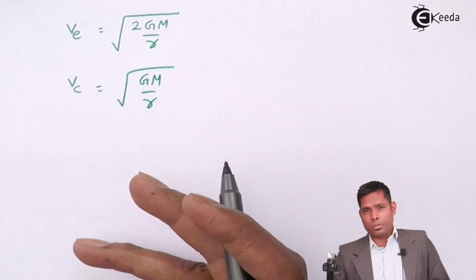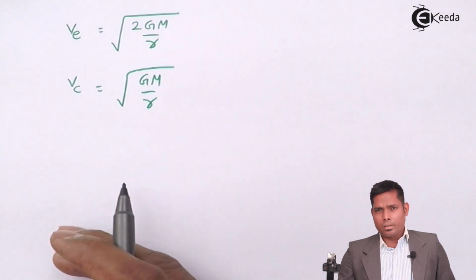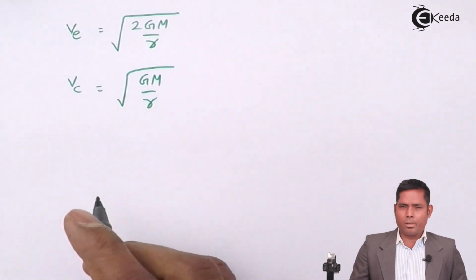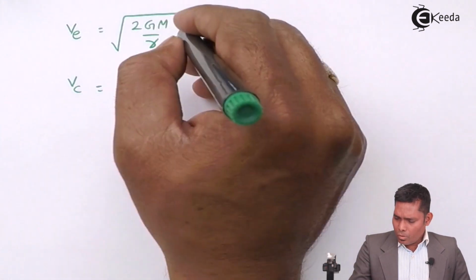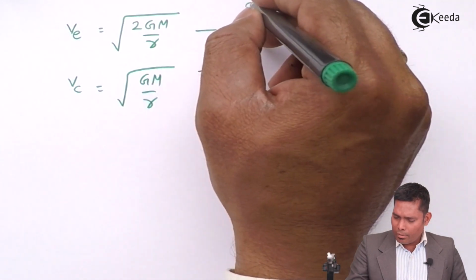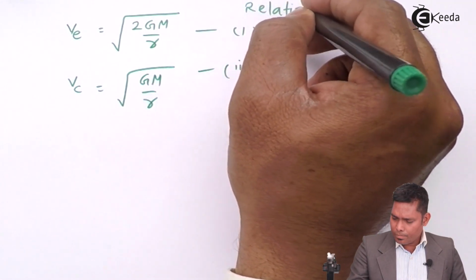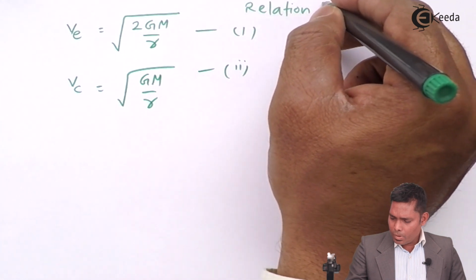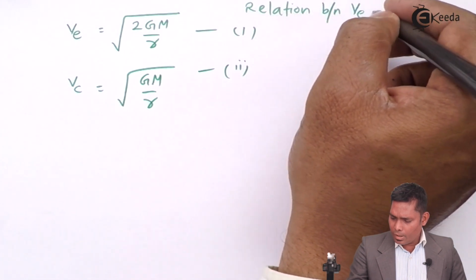A planet, if it is revolving around the Sun, or any satellite revolving around a planet. So comparing these equations 1 and 2, we get a relation between Ve and Vc.